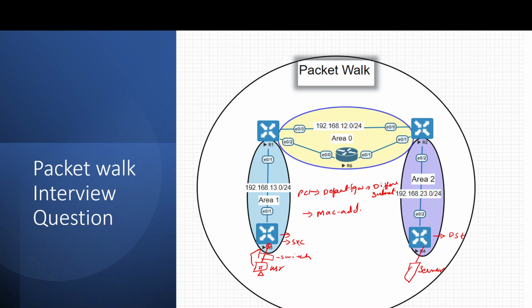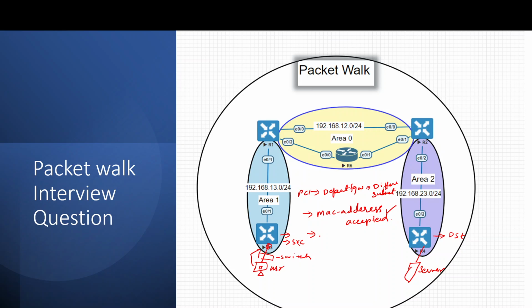The MAC address that it will check is whether the received packet's destination MAC address is the same as the MAC address of the receiving interface. If this is correct, the packet will be accepted.